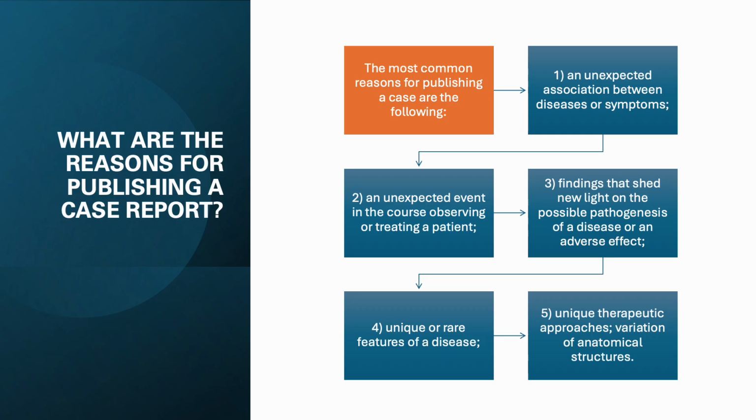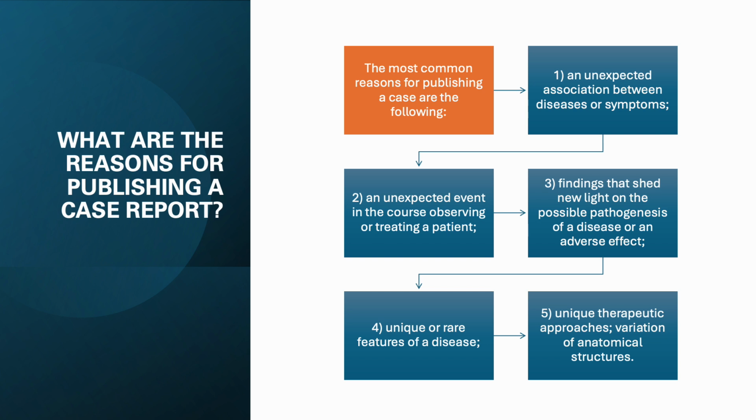The other question you can ask is, what are the reasons for publication or for reporting a case? The most common reasons for publishing a case report are the following. First, if you have an unexpected association between diseases or symptoms, you can report a case. Second, if you have an unexpected event in the course of observing or treating a patient, you can report a case.